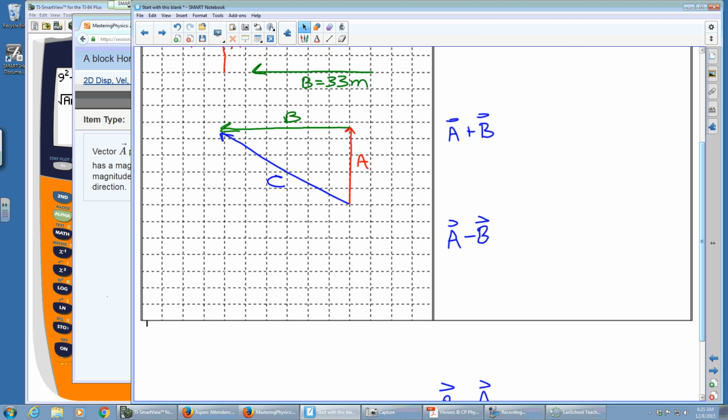The other way to think of A minus B is A plus negative B. All right? So if I have A, I'm going to add to it the opposite B, but in the opposite direction. So I'm going to take A, and now I'm going to have B that doesn't point in the negative x direction, but points in the positive x direction.